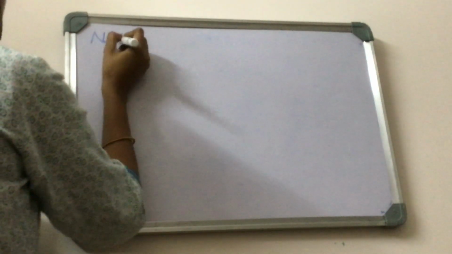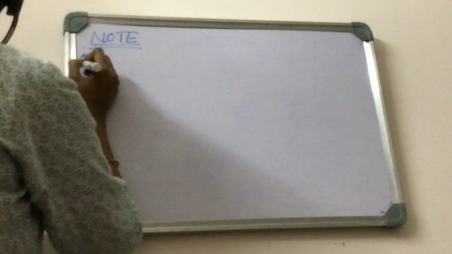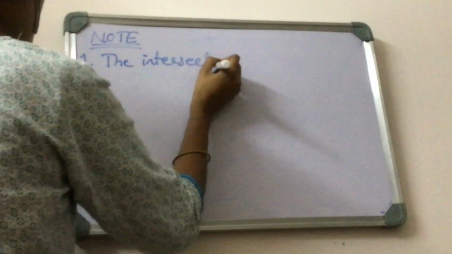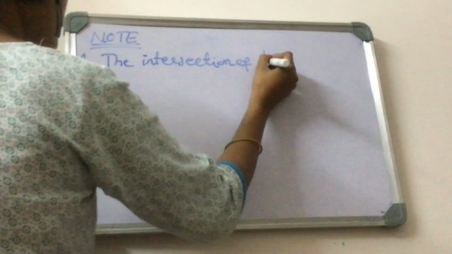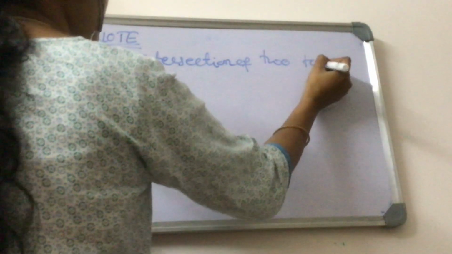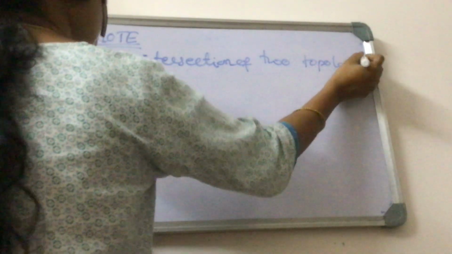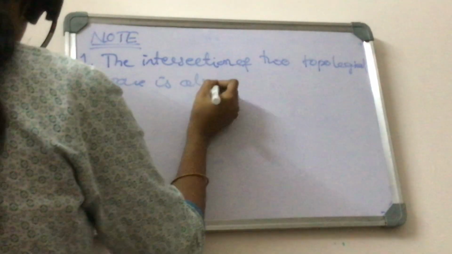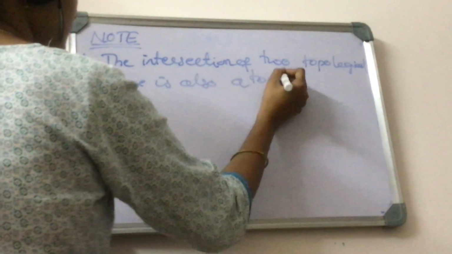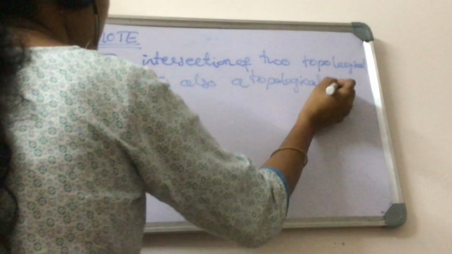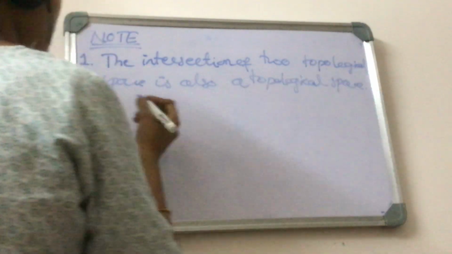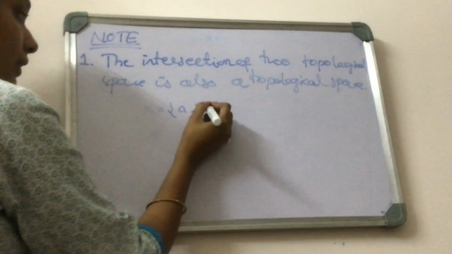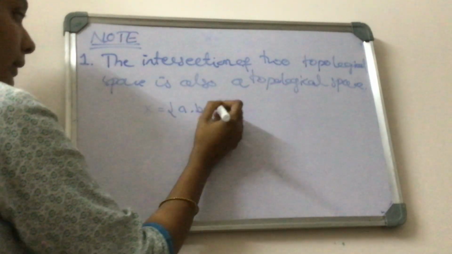Next note: the intersection of two topological spaces is also a topological space. For example, I'll take X is equal to {A, B}, or {A, B, C}, you take, go better.